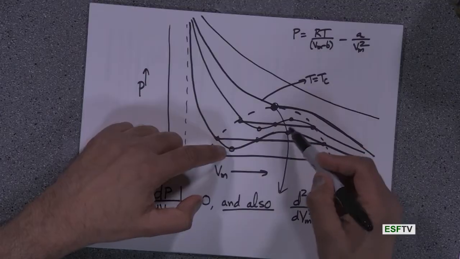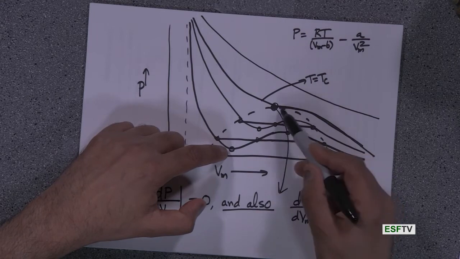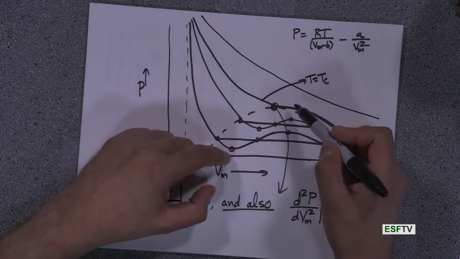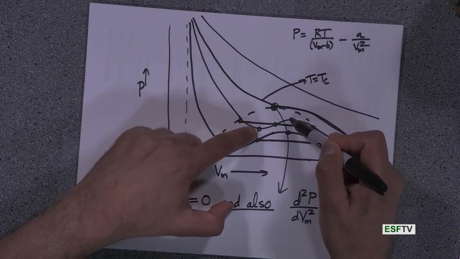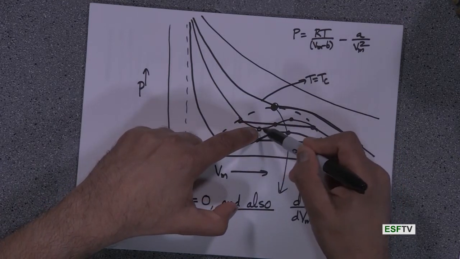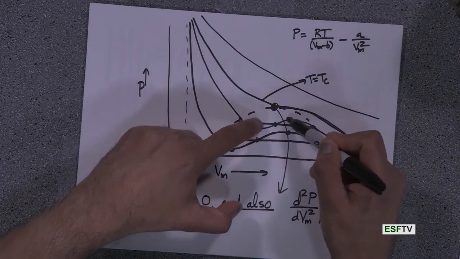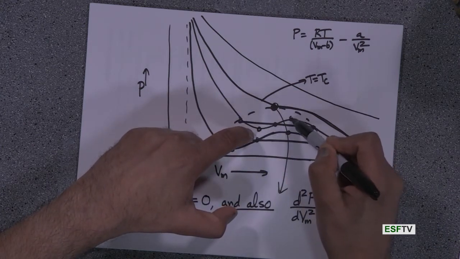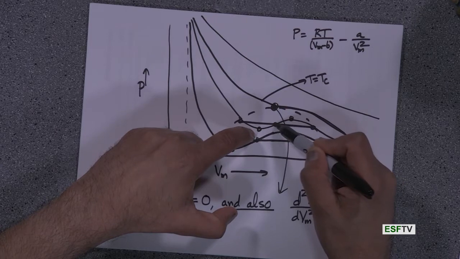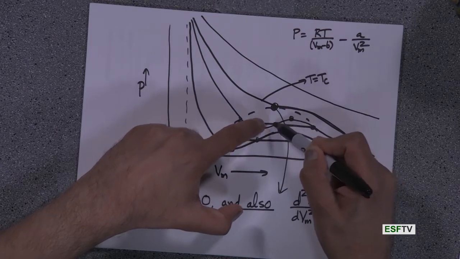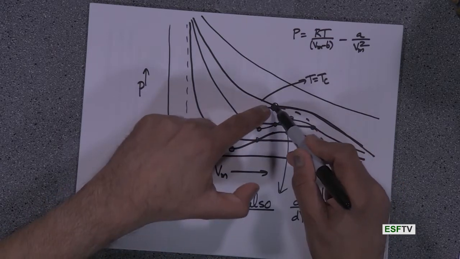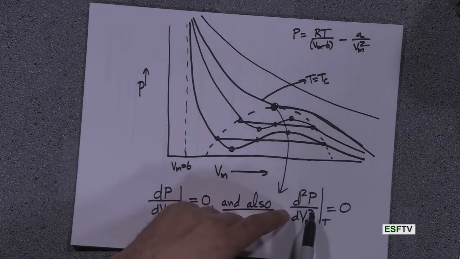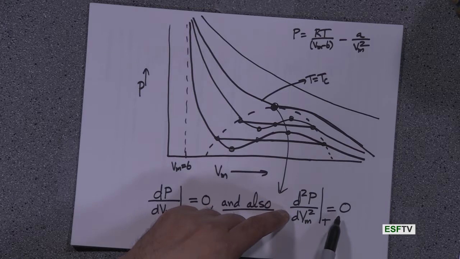Physically speaking, that's the unique point, the only point on this diagram where this trough and this peak have just merged. So we have this minimum, this maximum, this point where the second derivative is 0, they've all merged together at that point. So simultaneously the slope is 0 and the slope of the slope is also 0 at the critical point.